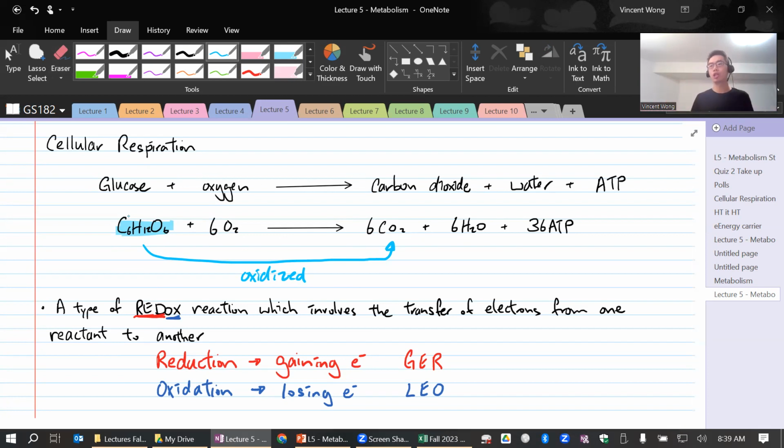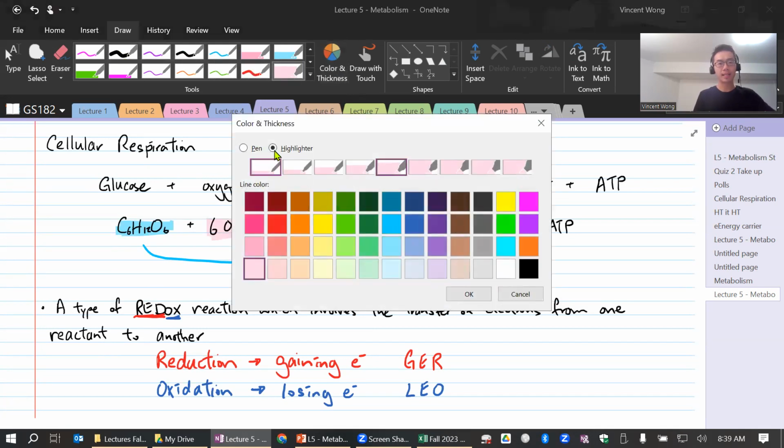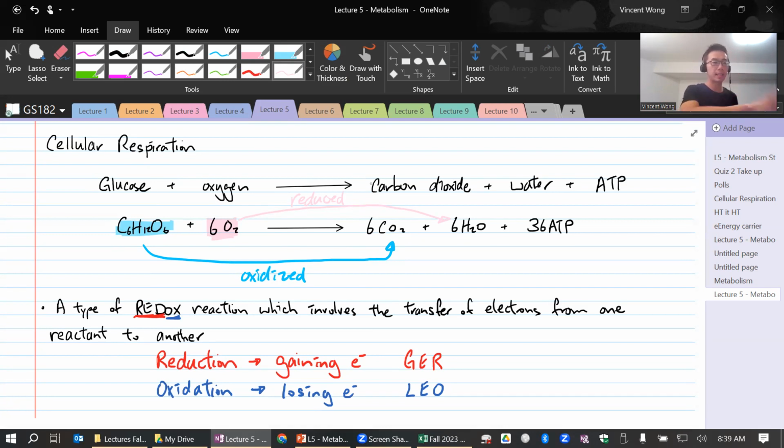We call them high energy electrons, and ultimately they will end up on the oxygen. And when oxygen picks them up, it is going to be reduced into H2O. Okay. Now it's not a direct transfer. It's not like we take the electrons off glucose and immediately put them onto oxygen. There are a bunch of steps that need to happen in between, and that's what we will be learning about throughout the lesson.